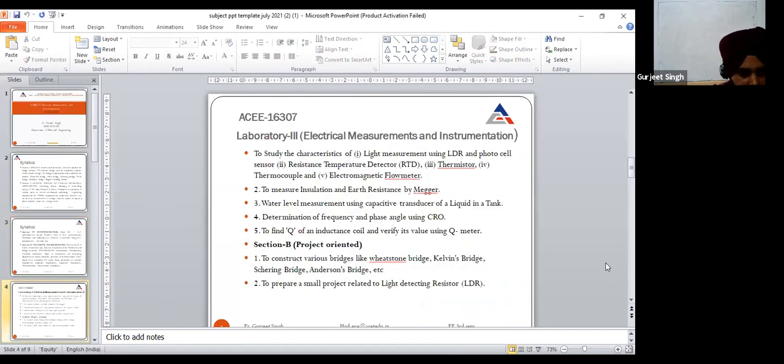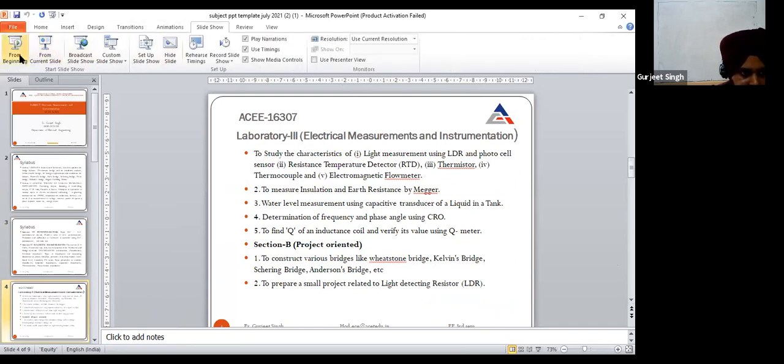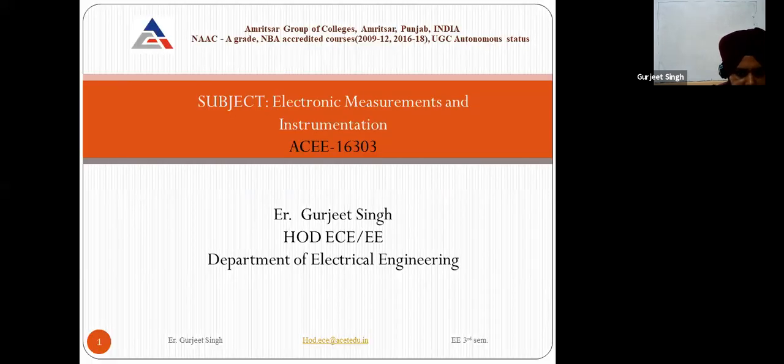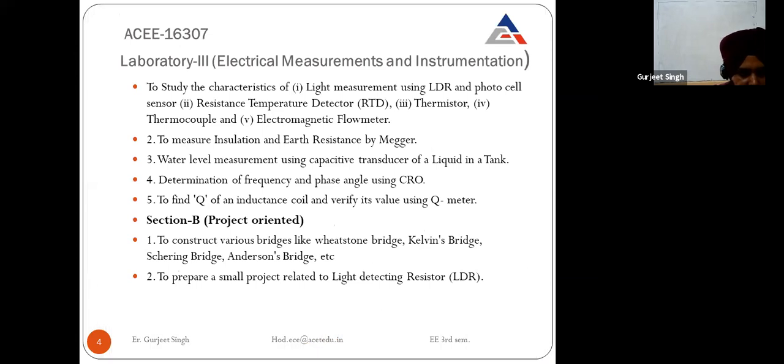This subject also has a lab part, and the lab was taken by Mr. Atul Mahajan sir. In section A you have 5 experiments, and in section B you have to make a small project in each lab on the basis of these 5 experiments.